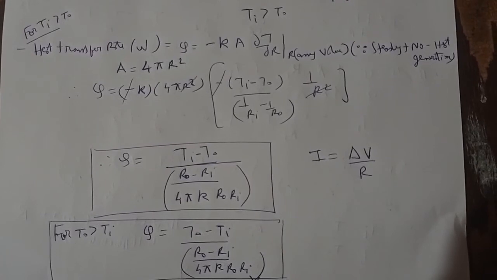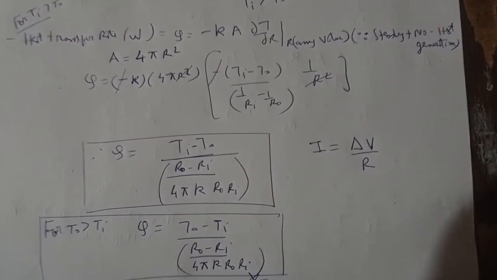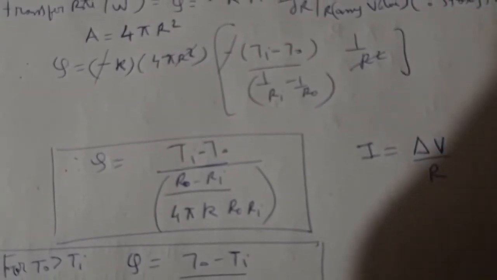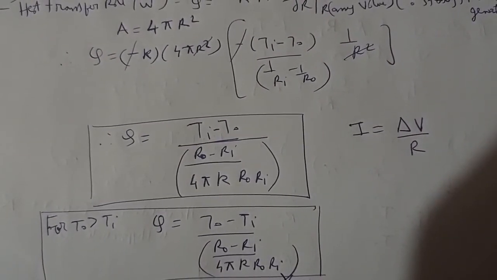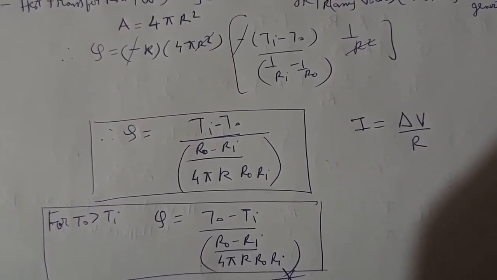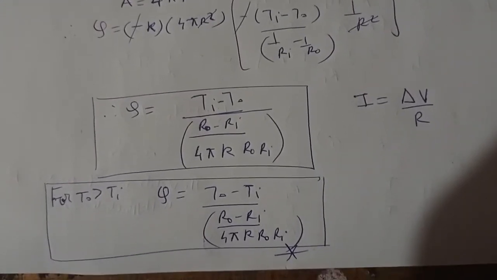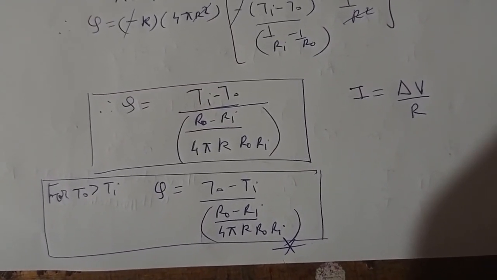We have taken A as 4 pi R square, that is the area perpendicular to the radial direction, and from there we get Q equals Ti minus To divided by (Ro minus Ri) divided by 4 pi k Ro Ri. If we go for To greater than Ti, the denominator will be the same, just the numerator is To minus Ti.